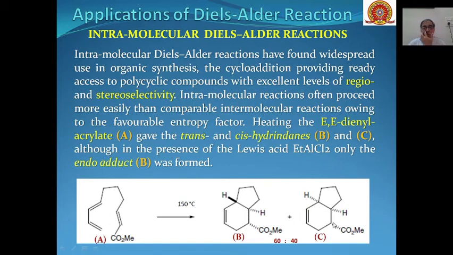The trans product is formed in 60% yield and the cis product in 40% yield. Although in the presence of a Lewis acid, only the endo product, that is product B, is formed. If we use a Lewis acid such as ethylaluminum chloride, we will get only the endo product and no exo product will be formed in such reactions.